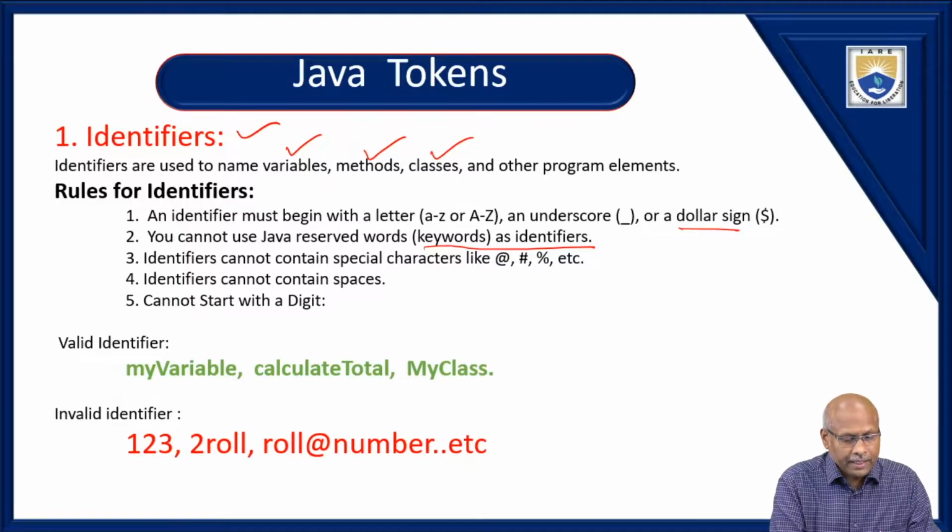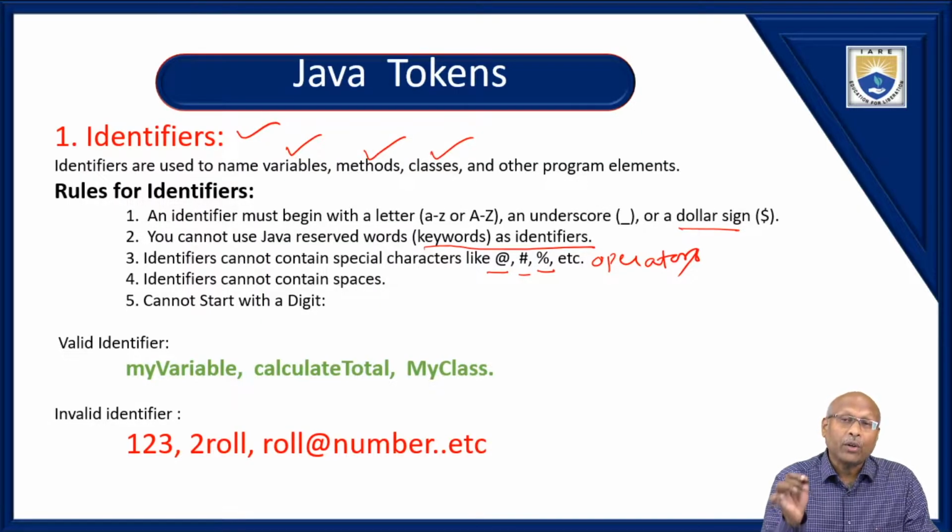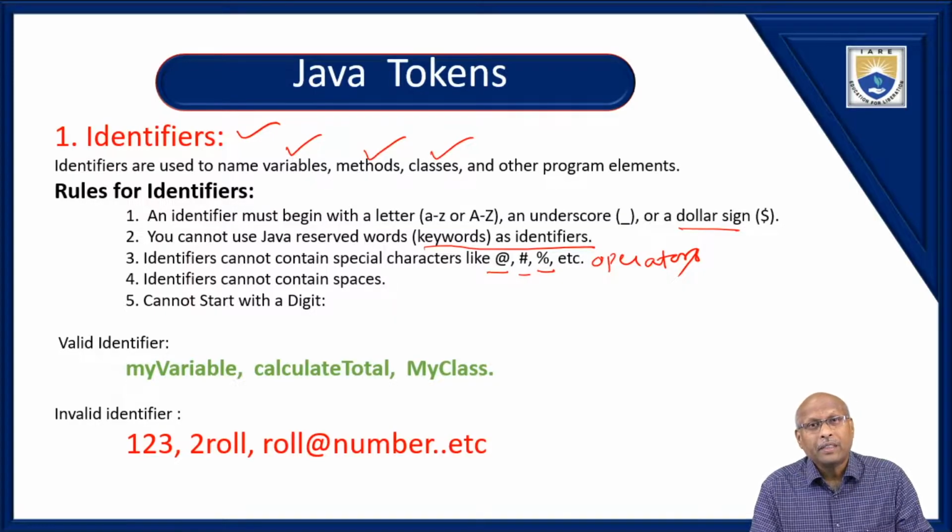Next, an identifier cannot contain special characters like the @ symbol, hash symbol, or percentage symbol. At the same time, operators are not allowed in the identifier. That means when you are writing a variable name, you cannot write the @ symbol, hash symbol, percentage symbol, or any operator symbols.